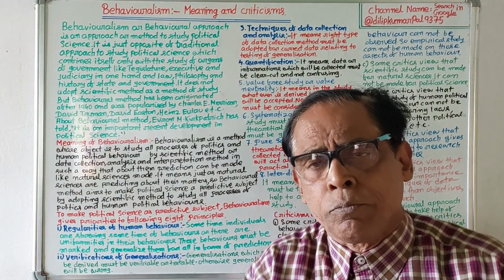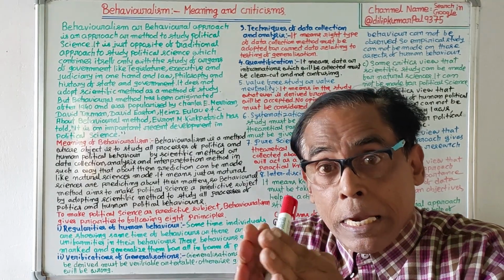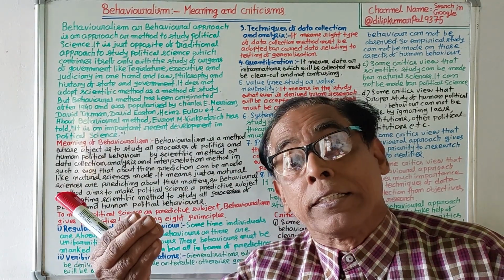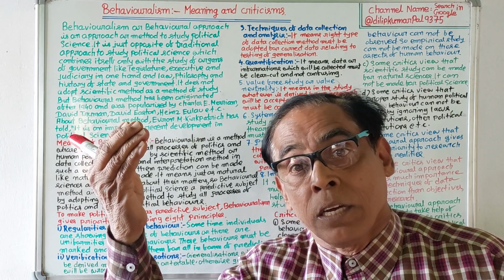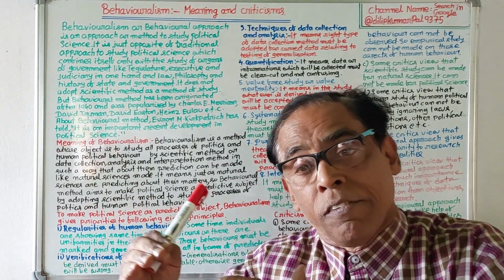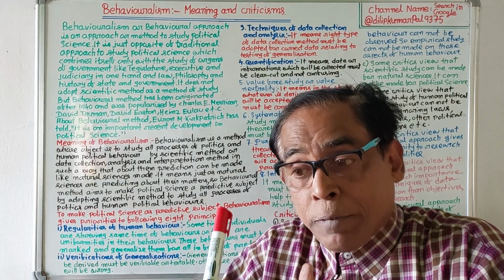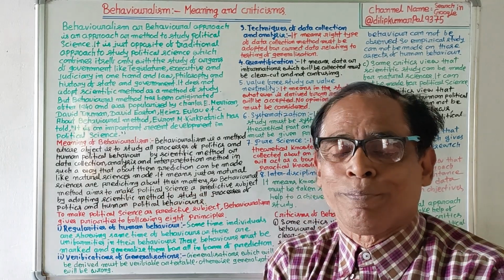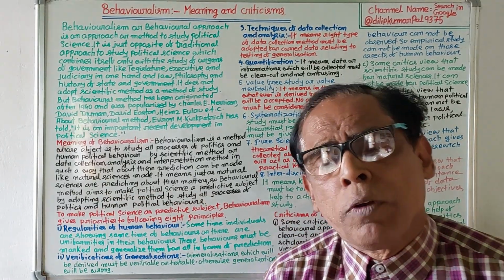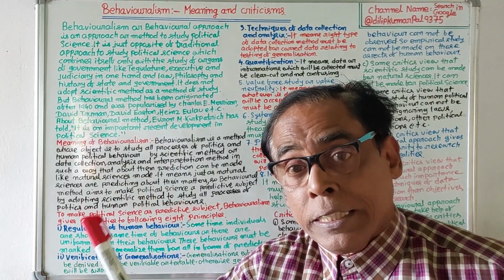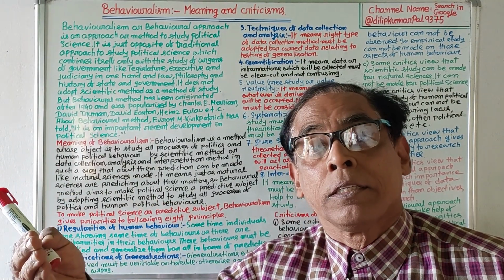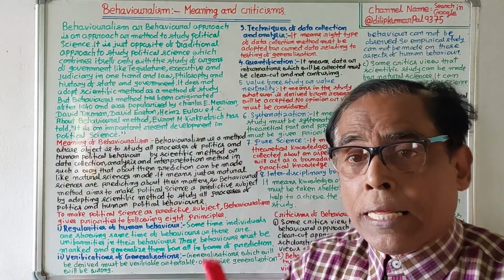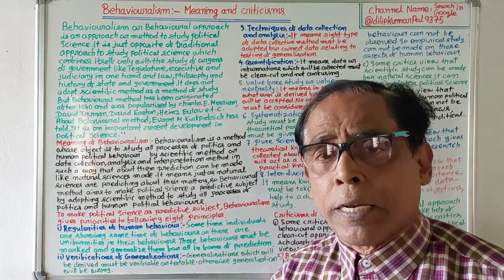So behavioralism is an approach whose object is to make political science a predictive subject, just like natural sciences, by the method of data collection, data analysis, and data interpretation. Now we are clear about the meaning of behavioralism.